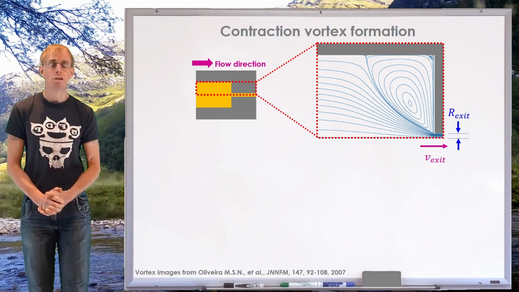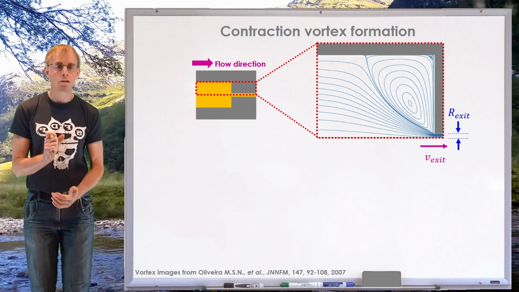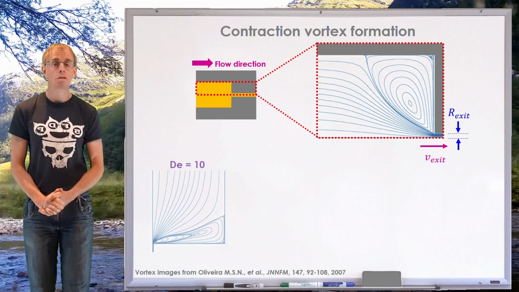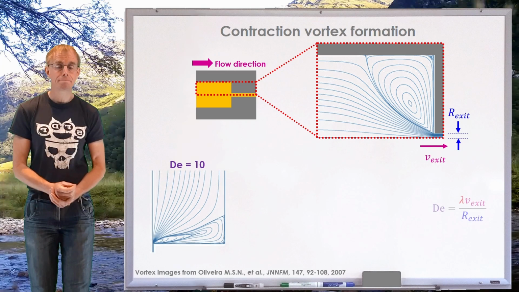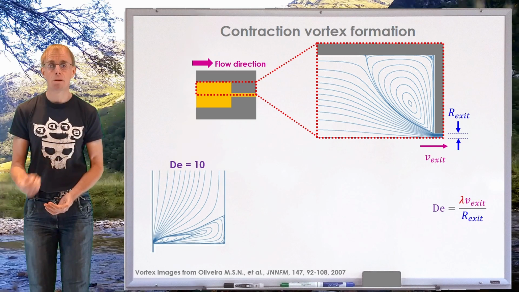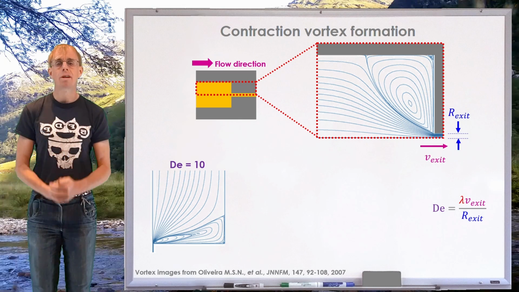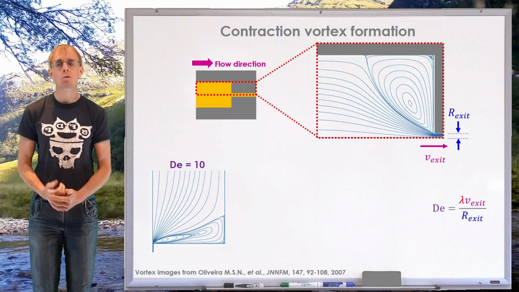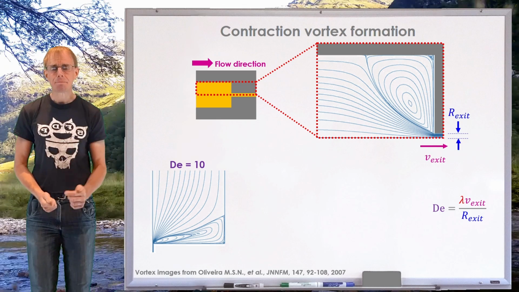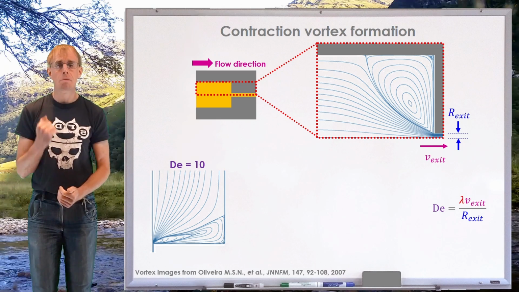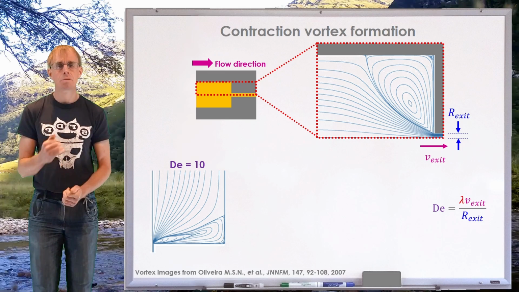And what's really interesting is that the nature and size of that vortex depends on 2 things. It depends on properties of the polymer, and it depends on properties of the process. What we can do is we can quantify that with a non-dimensional group called a Deborah number, De. The Deborah number here is a measure of the timescale of the polymer divided by the timescale of the process.